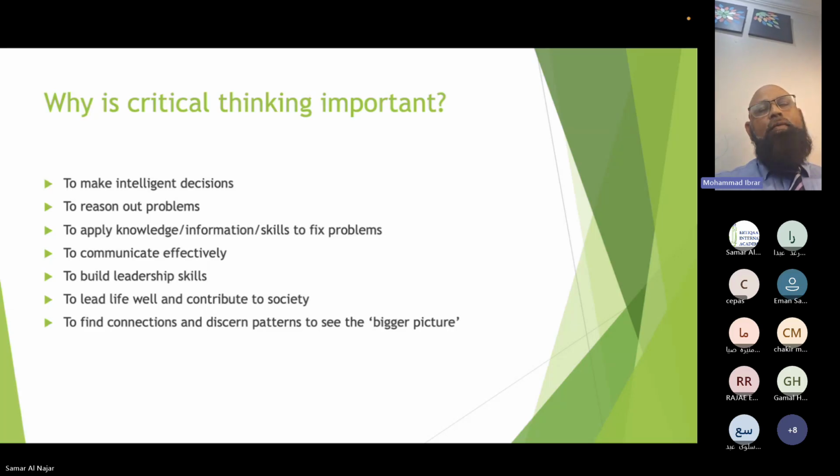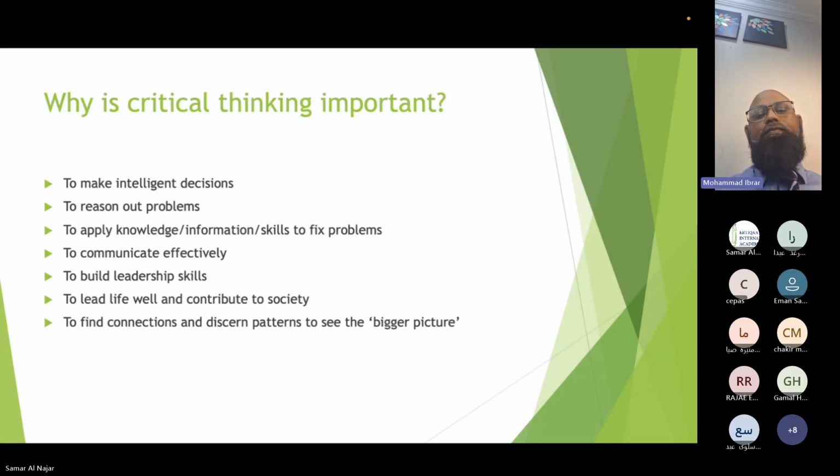For example, if fire has broken out in a house, now there are two options. People can get panicky, people can get frightened, or people can stay cool and calm and maybe consult a neighbor or call the fire brigade. So if somebody has critical thinking, he can think and take the right decision at the right time and can fix the problem.